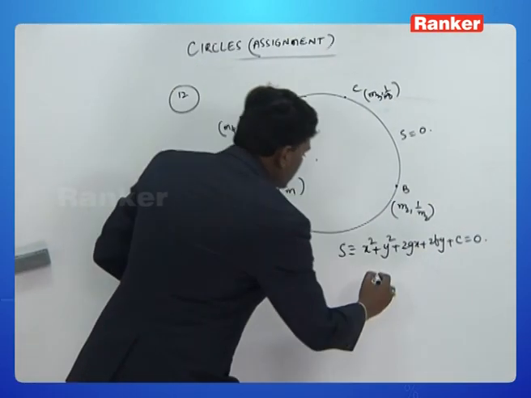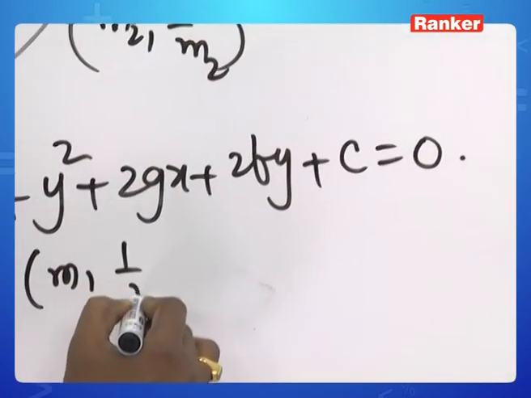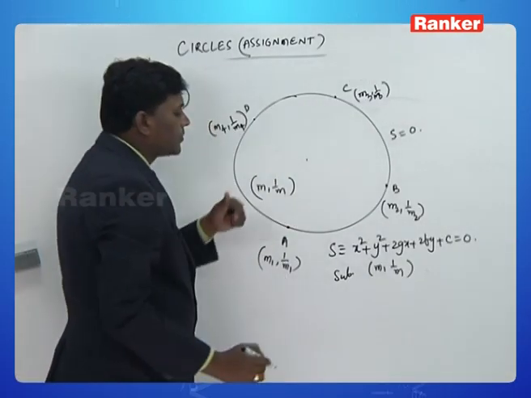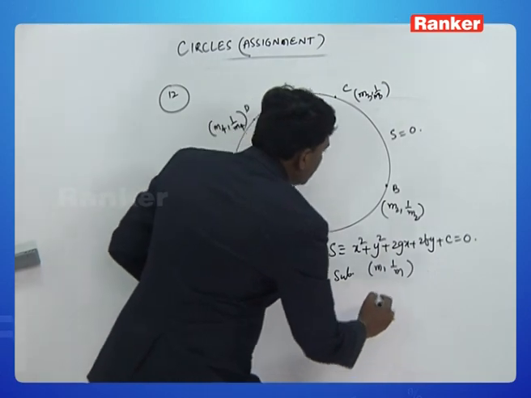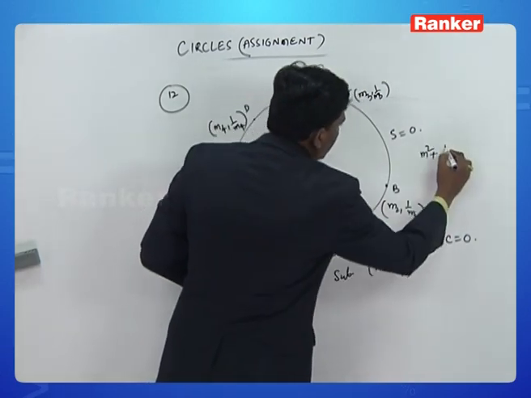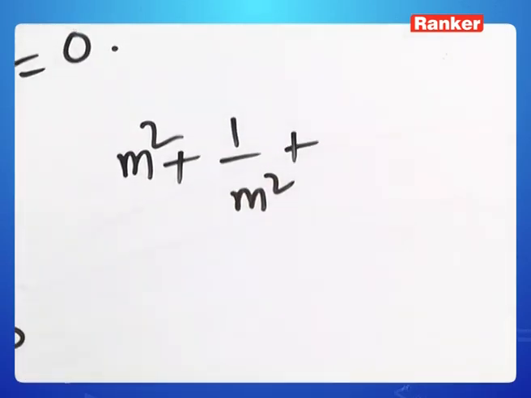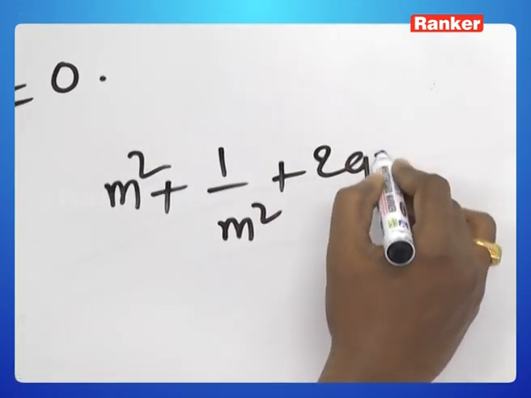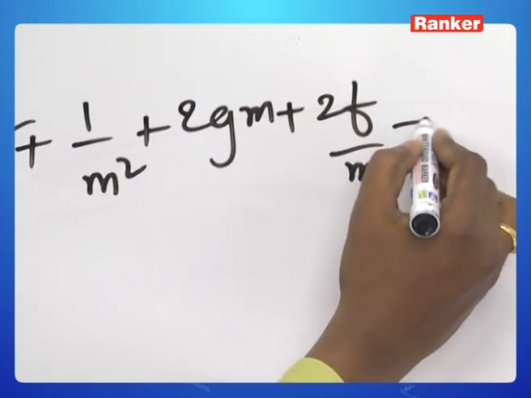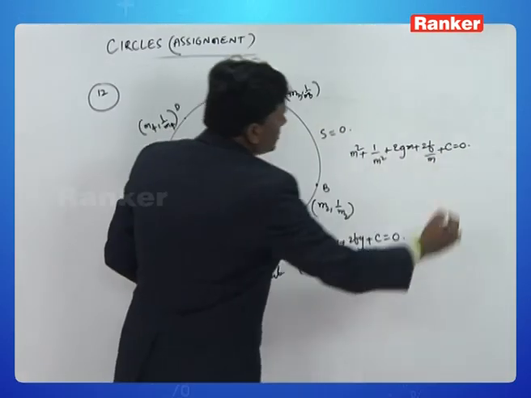In this, substituting m comma 1 by m in this equation, we get m square plus 1 by m square plus 2gm plus 2f by m plus c equals to 0.